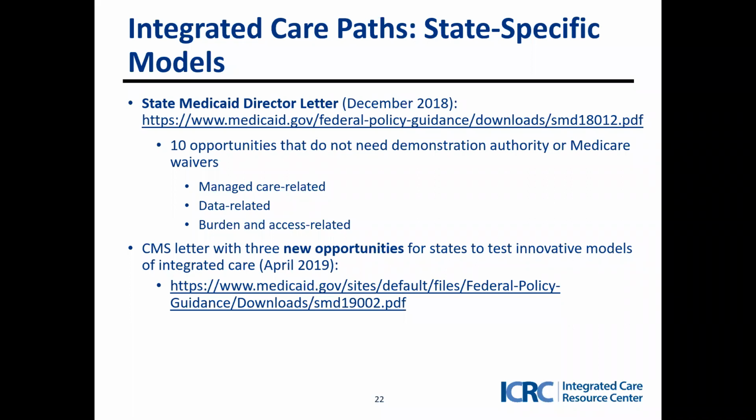And the second resource that we've included here is a 2019 letter from CMS. CMS is open to partnering with states to test new state-developed models to better serve dually eligible beneficiaries. And these models can have elements of other existing models, or they can be something entirely new that just promotes integration and better overall care. Next slide, please.